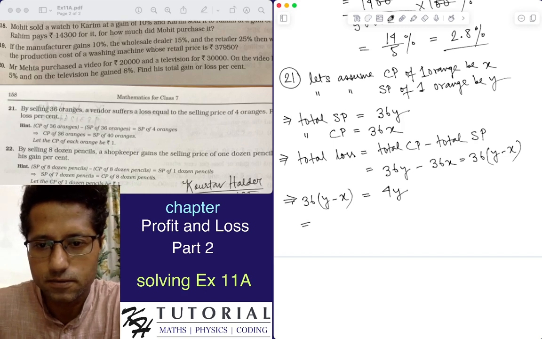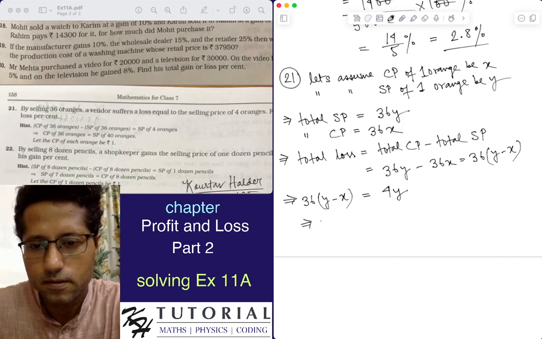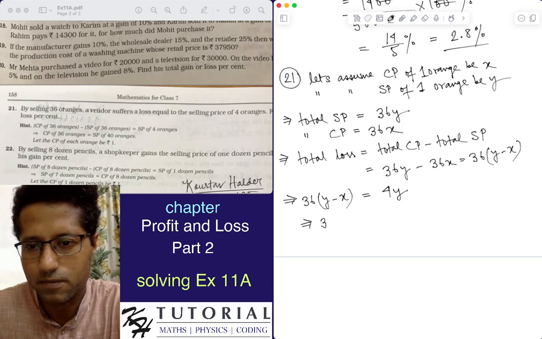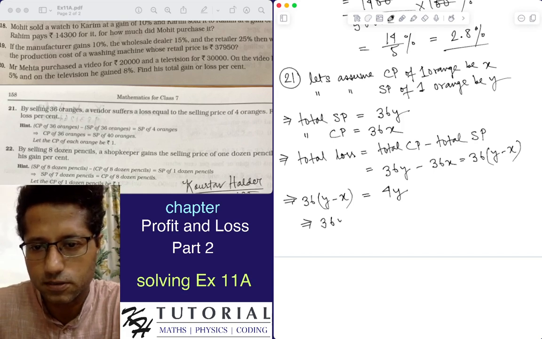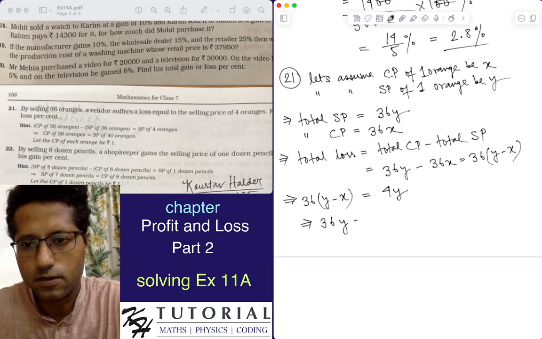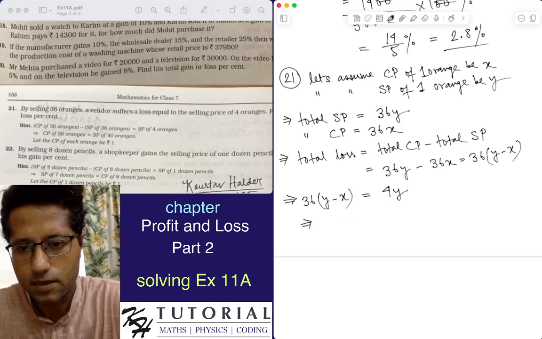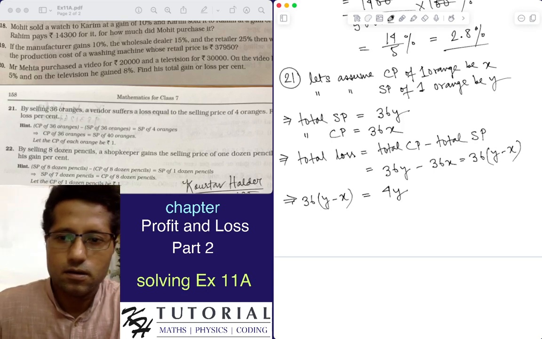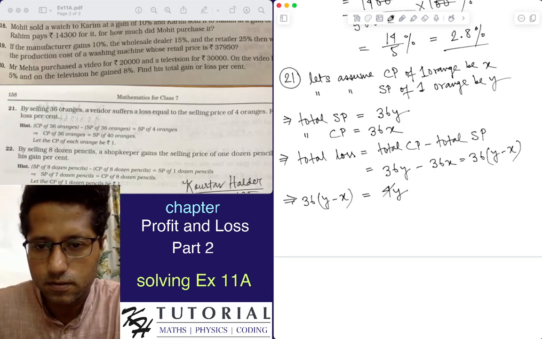Now this implies that if we open the brackets on the left hand side, we get 36, minus, okay, let's do one thing, let's cancel 4 with 9.